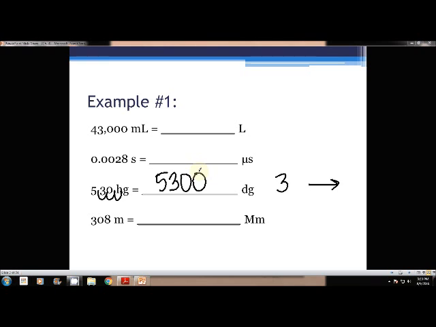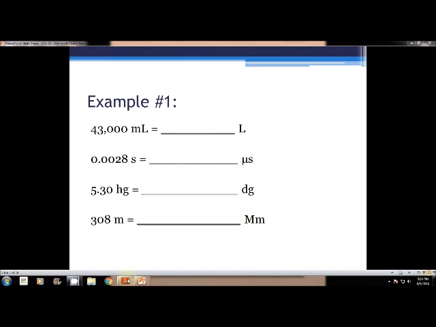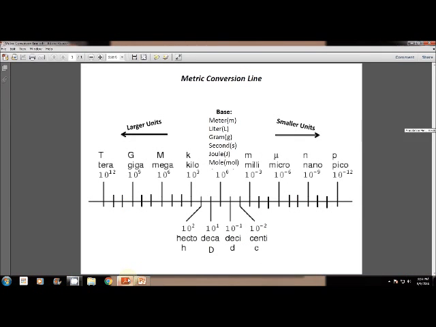Last but not least, 308 m is equal to how many capital M lowercase m's? So remember, we have our start, we have our finish. At your conversion line, what do we do? So we're starting with a lowercase m, and we're going to a capital M and a lowercase m.